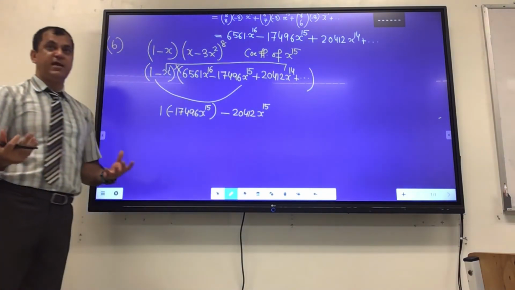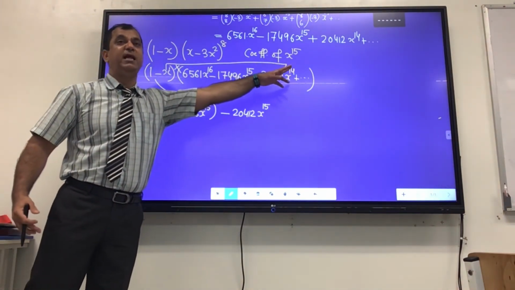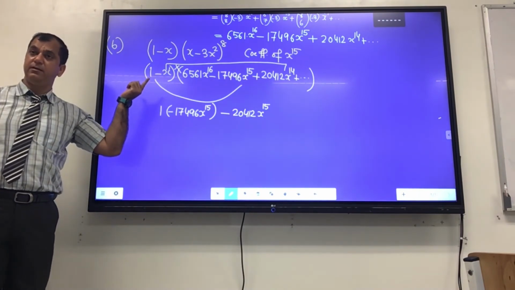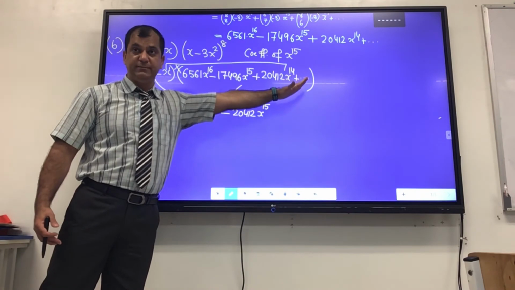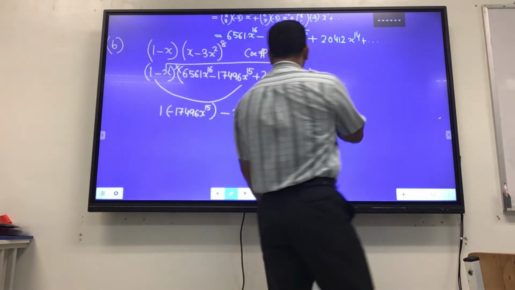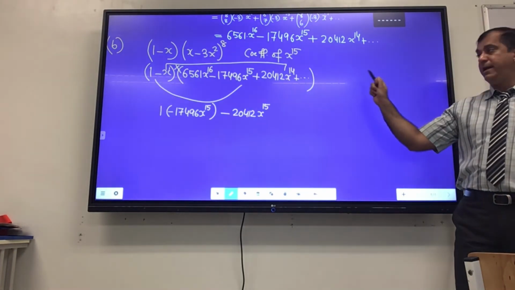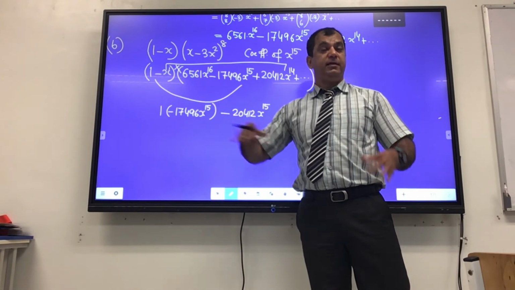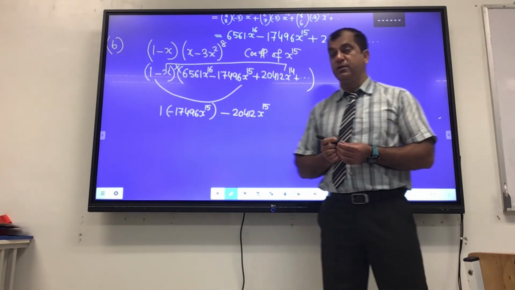Any other option? If I expand further, x power 13, x power 12, x power 11 and multiply with 1 minus x, is there any chance that I'll get an x power 15 term? No way. So that's enough.